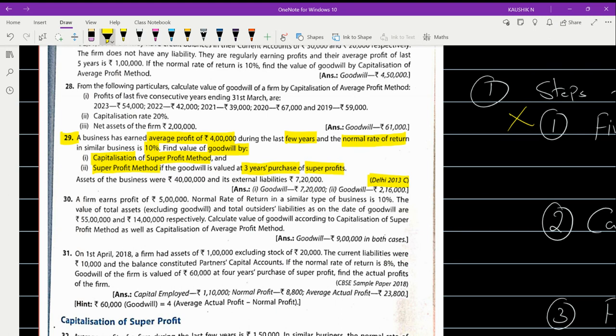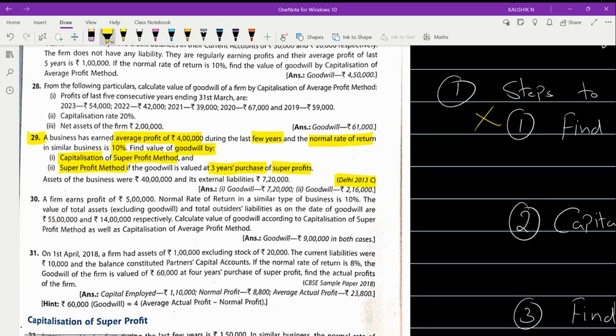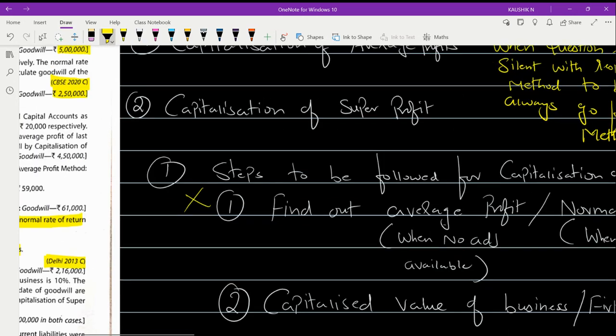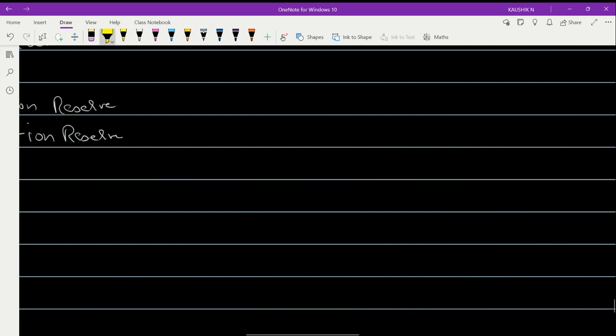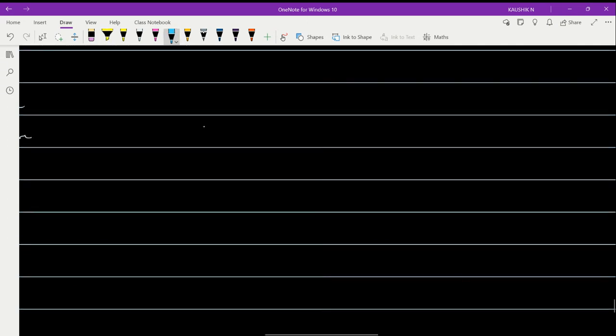Remember, for finding out the goodwill under the capitalization of super profit method, we will follow the same procedure which we have followed under the super profit method, but only one area will have a slight variation, that is goodwill calculation. Goodwill will be calculated as super profit by NRR into 100. I repeat, now the second method, capitalization of super profit method, this is the formula.